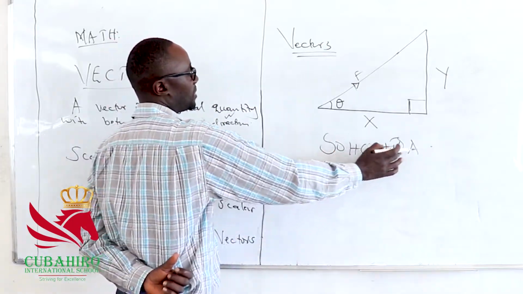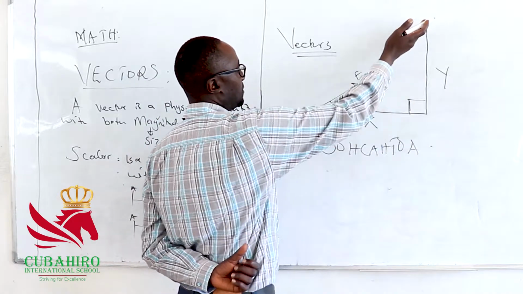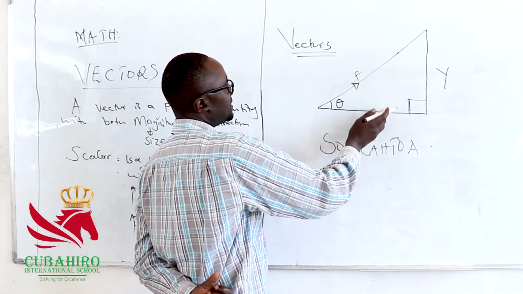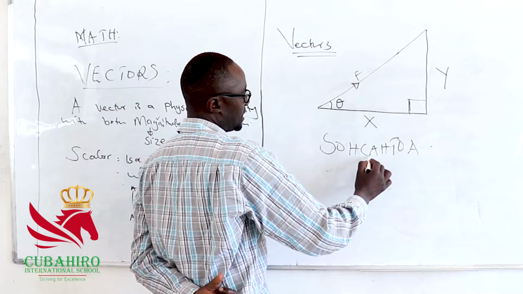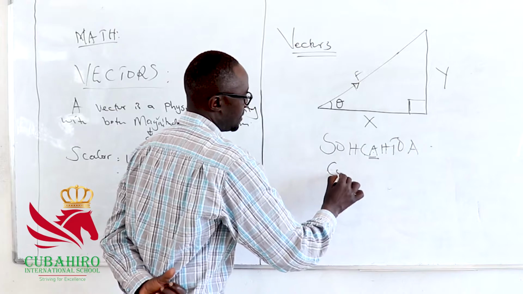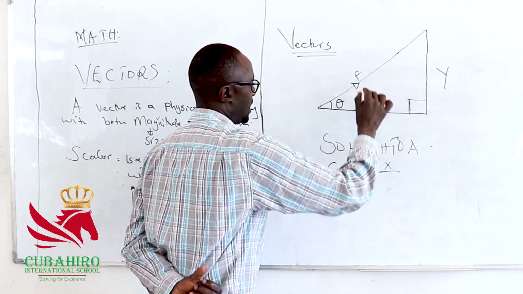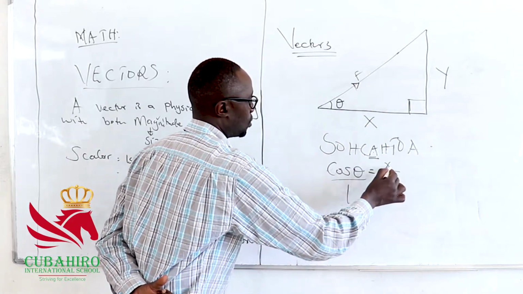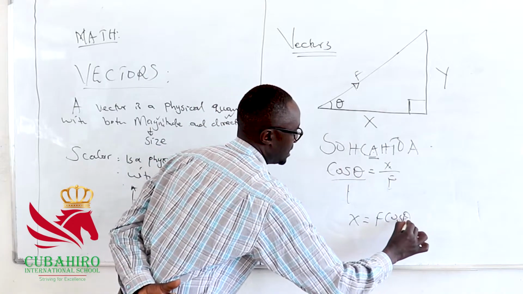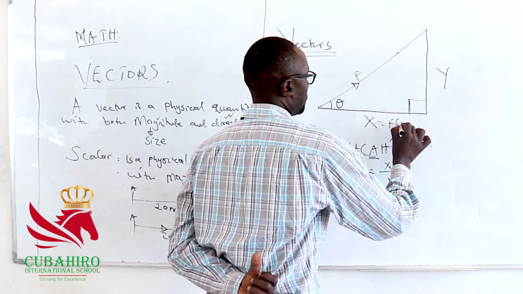And from this trigonometric equation, we'll be able to tell that this is the adjacent and this is the hypotenuse. The relationship between adjacent and hypotenuse is cosine. So I can say the cosine of theta is equal to the adjacent x out of the hypotenuse F. So if you cross multiply, you say that x is equal to F cosine of theta. So x is equal to F cos theta.